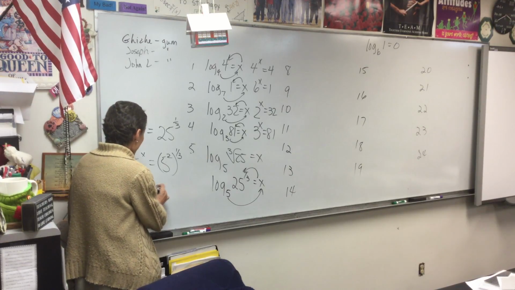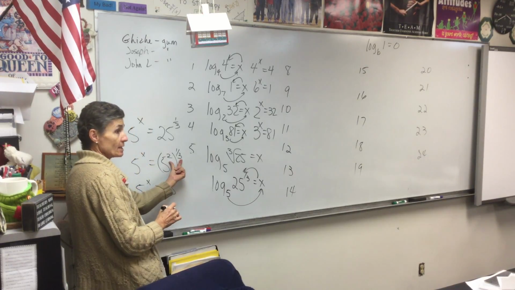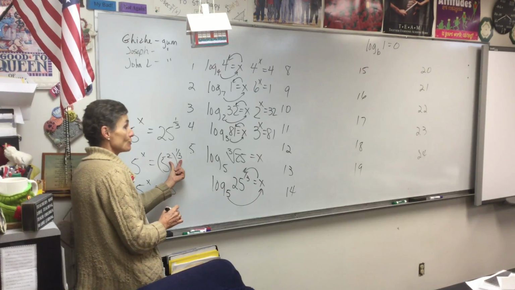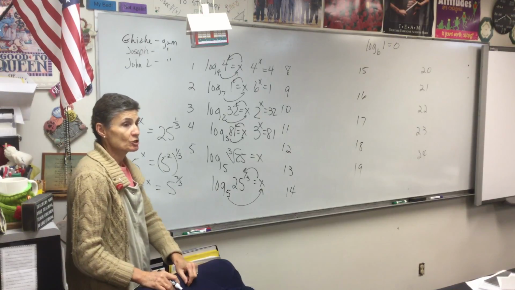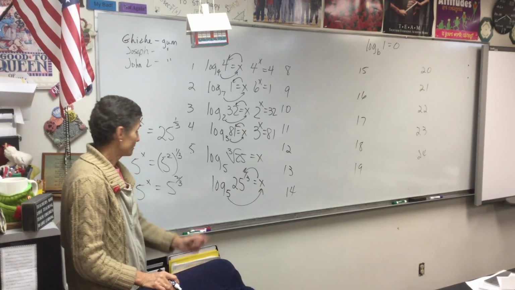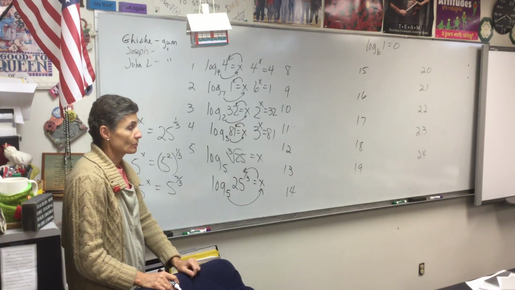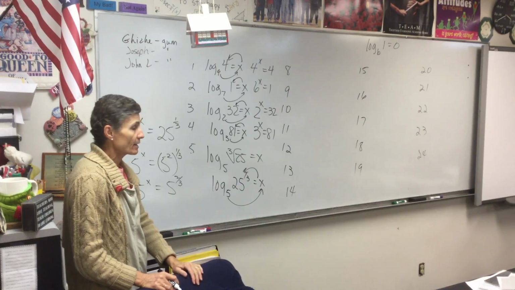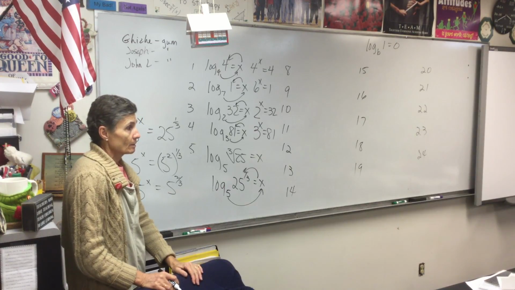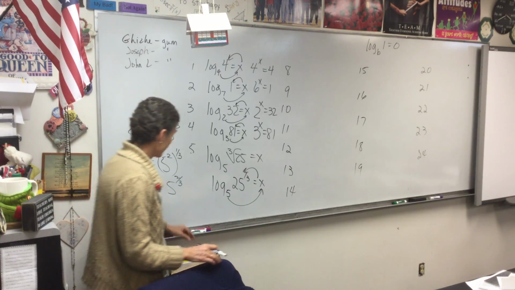So 5 to the x equals 5 to the 2/3. So what's the answer to question 5? 2/3. x equals 2/3. All these need to be done without a calculator, and they all can be done without a calculator.